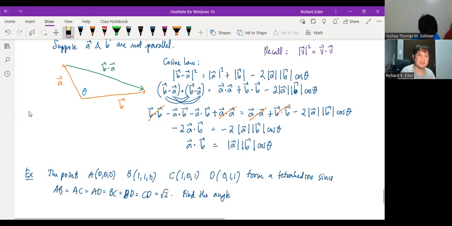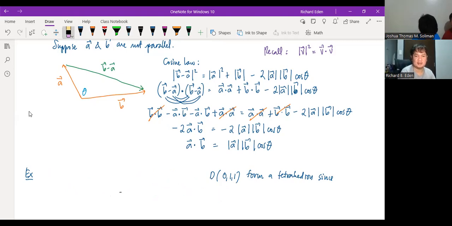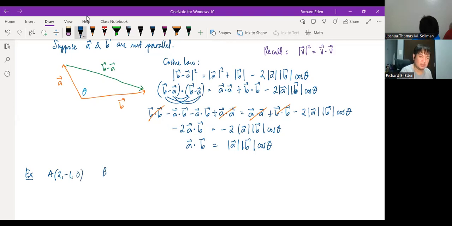Iba na lang. Kasi itong problem that I was thinking of, pwede siyang isolve without using the dot product. A is (2, -1, 0), B is (5, -4, 3), and C is (1, -3, 2).